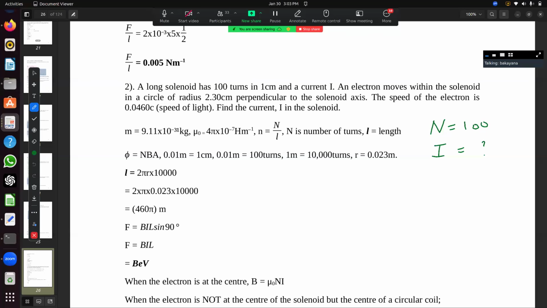An electron moves within a solenoid in a circle of radius 2.3, converted to meters, perpendicular to the solenoid axis. The speed of the electron is given as 0.04 times c, where c is the speed of light. So what is the speed of light?